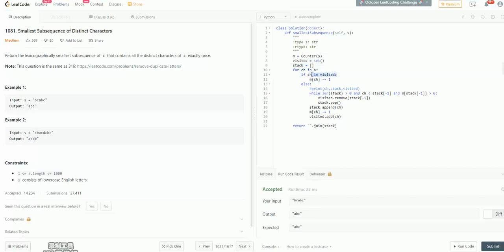If it's in the visited set, that means this character is already in the stack, so we ignore it and do nothing. If it's not in the visited set, that means we should insert it into the stack.